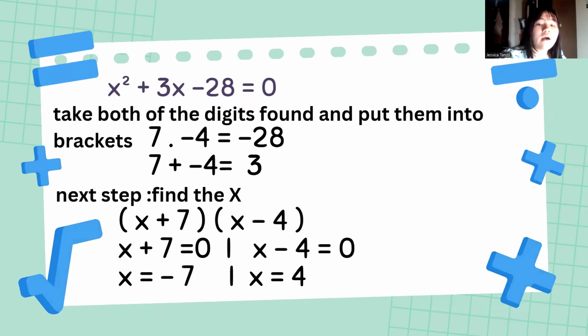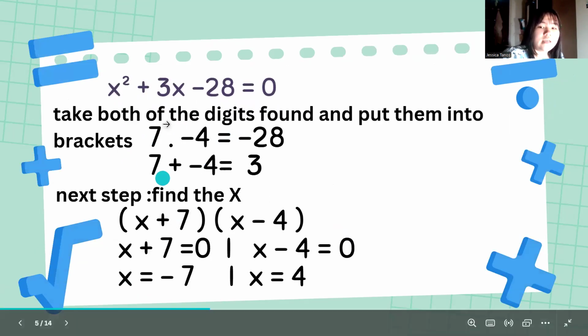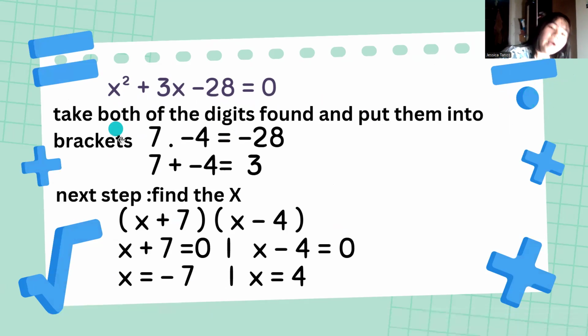Okay, so we take both the digits found and then we put them into brackets. So we already used B and C over here. Now it's time to use A, or x squared. We separate them into two brackets. So it's x and x.